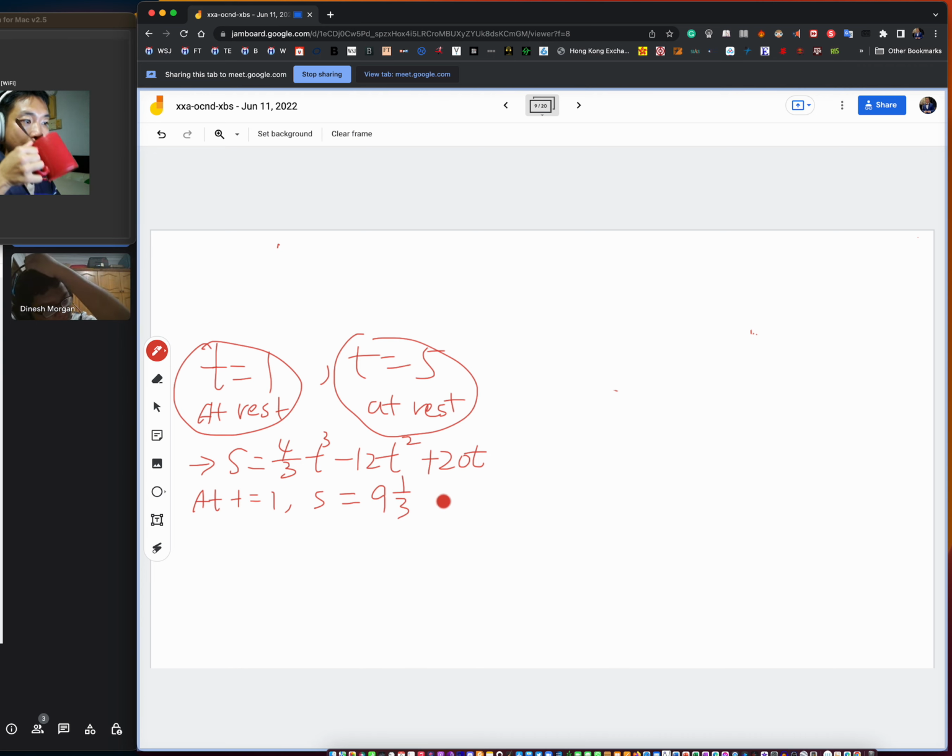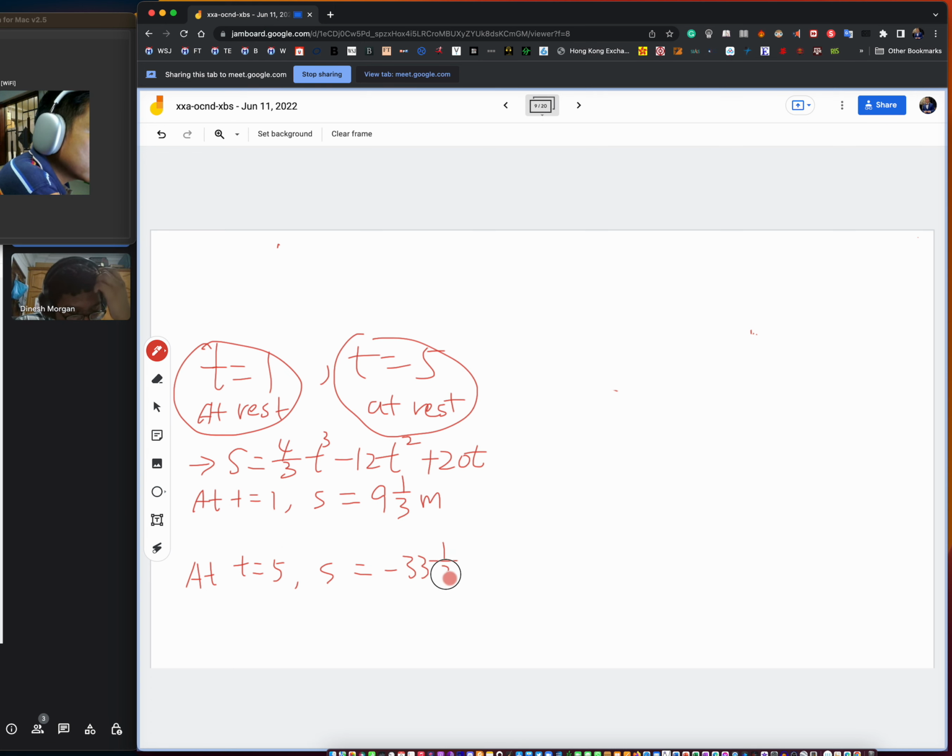So it's 9 and 1/3 meter. And at t equals 5, negative 33 1/3 meter.